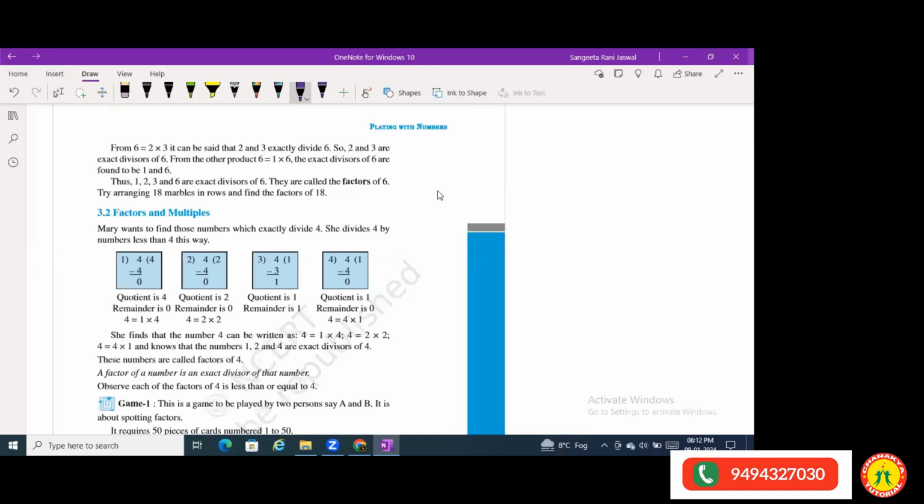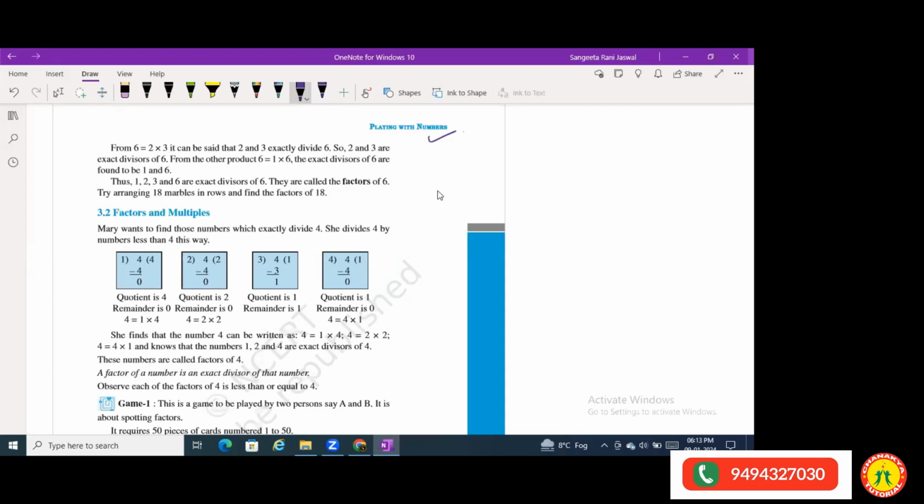Then we studied whole numbers, in which using the properties you added and multiplied, and you had some statement sums also. Now we are coming to playing with numbers. That's just a name; it is all about the number system only.